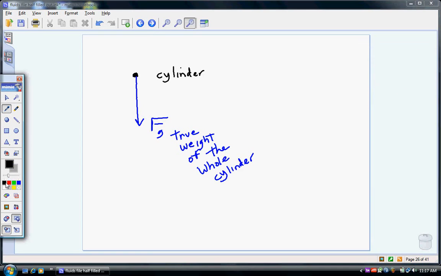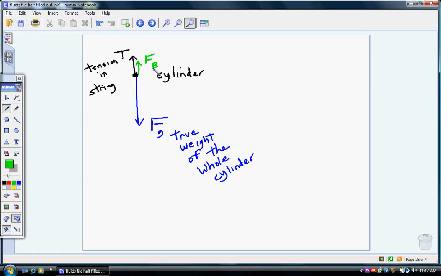And then we have the tension of the string, but the tension in the string isn't holding up all of the weight, because the buoyant force, the water, is holding up some of the weight of this aluminum.